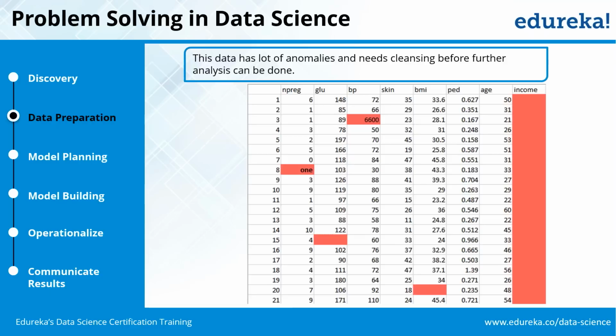For instance, when the attribute for the number of times a woman got pregnant is storing data in integer form, and suddenly you see a character there. The information is right, but the way it is put in this data set is not. So when you build the model or any analytics on top of this data set, things might not work out very well. It might come out with certain errors and so on.